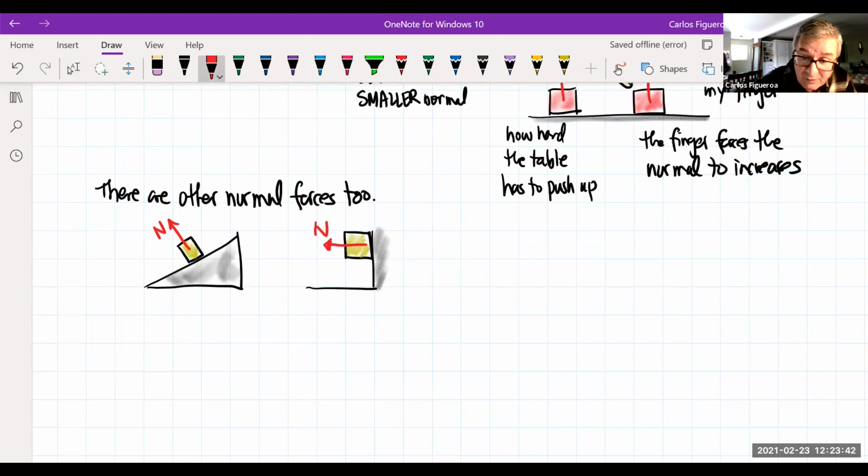Or what if I have a ceiling? If I have a ceiling and a block, that normal force is not going through the ceiling. Why not? Because the normal force is pushing perpendicular. So at every junction, the normal force means perpendicular to the surface.